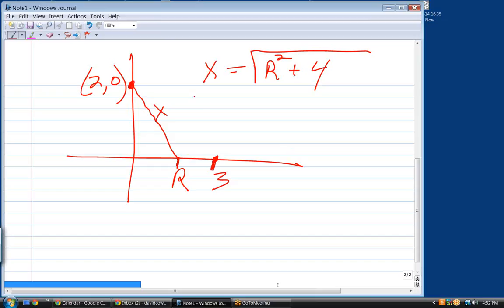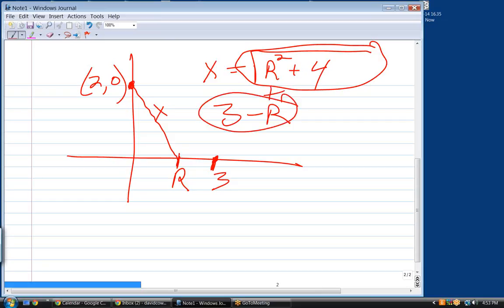And the amount that he rides on the road is going to be 3 minus r. In other words, this distance right here is 3 minus r. So he'll go this distance plus this distance. That's the total he will ride his bike.